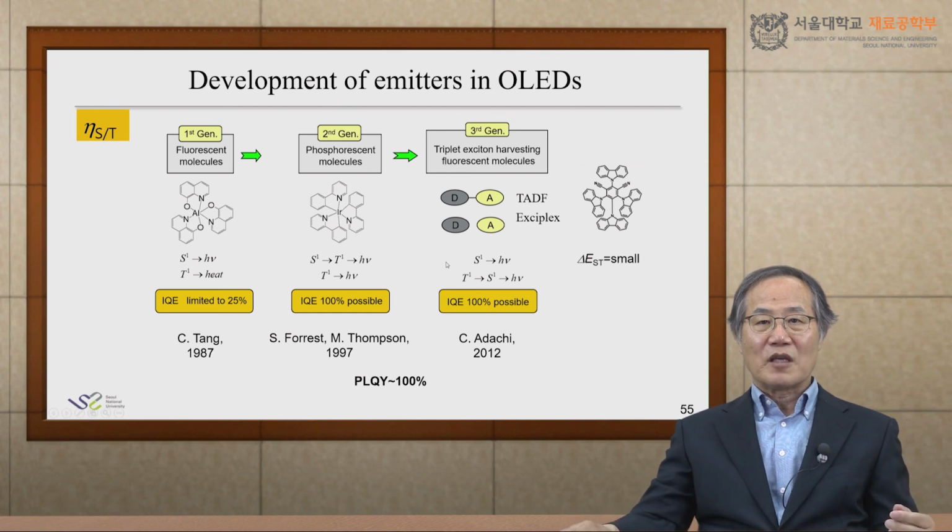And then in such case, you can easily convert the triplet to singlet by thermally stimulated delayed fluorescence, thermally assisted delayed fluorescence. That's the short form of that. So that nowadays this can also allow the 100% IQE.